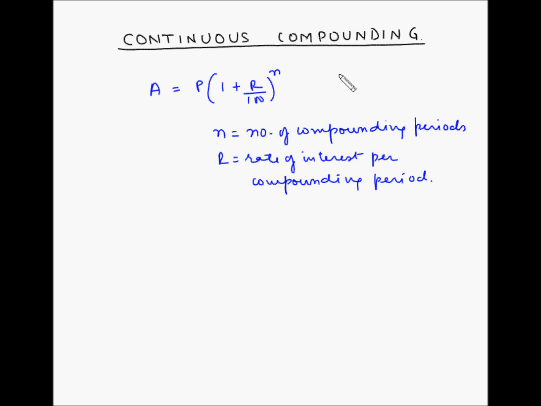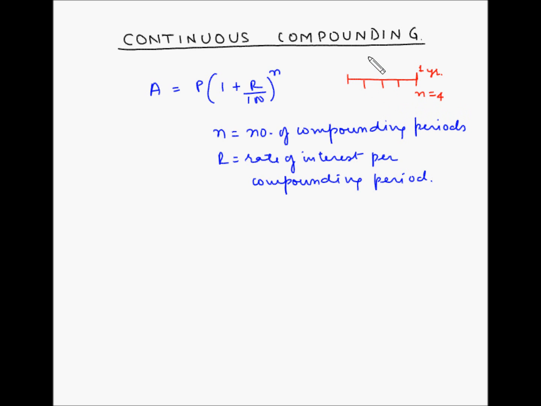So if you had a case where the tenure is 1 year and the interest is being compounded quarterly, then n is equal to 4, because there are 4 compounding periods in the entire tenure.